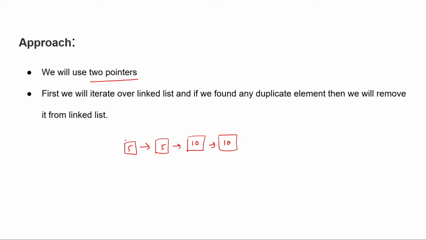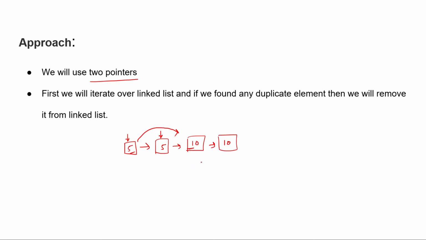We start from the first node and move forward. Here you'll see that both the elements are the same, so we remove this element and directly point this to the next of this, only if this element and the next element are not equal. This is how we are going to remove the elements.